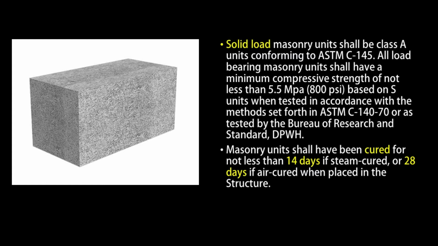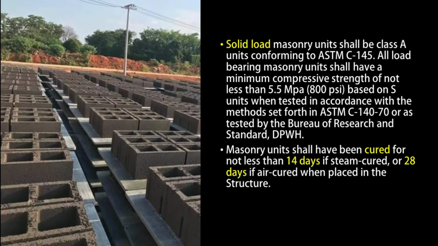All load-bearing masonry units shall have a minimum compressive strength of not less than 5.5 MPa or 800 psi based on 5 individual units when tested in accordance with the methods set forth in ASTM C140-70 or as tested by the Bureau of Research and Standards, DPWH. Units shall have been cured for not less than 14 days if steam cured, or 28 days if air cured, when placed in the structure.